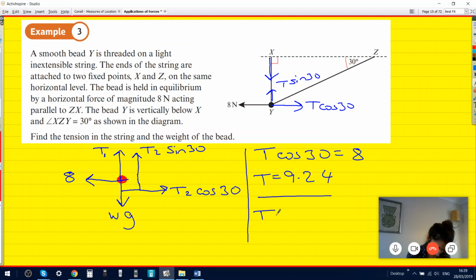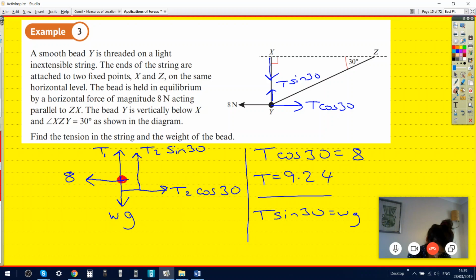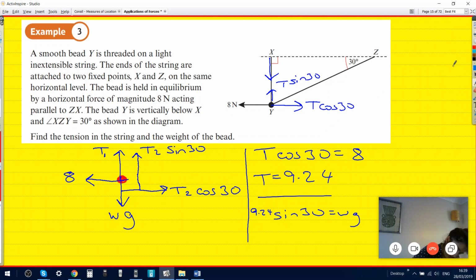So T is 9.24 sine 30 divided by 9.8 equals W. So 9.24 sine 30 divided by 9.8.